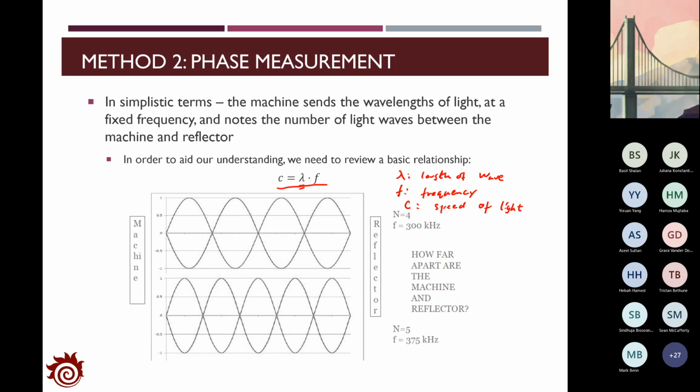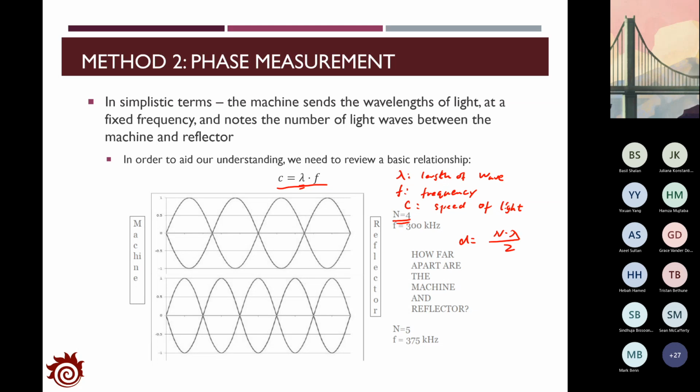For example, in this figure, you have 4 waves, and you identify there are 4 complete waves from the machine to the reflector, then you can calculate the distance as n times lambda divided by 2.